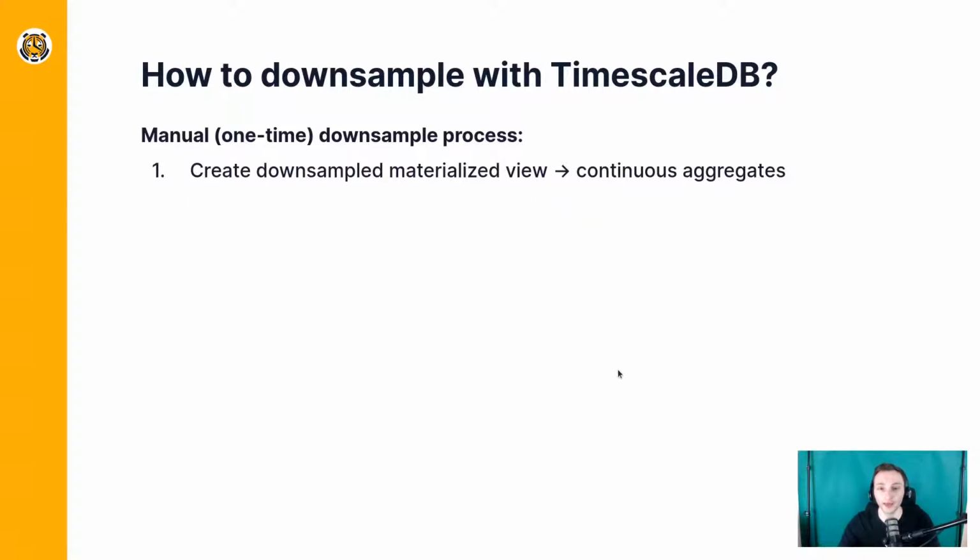So the first step is to create a continuous aggregate. And the second step is to actually delete the older data. With TimescaleDB, you can use the drop chunk function, which is going to efficiently remove historical data or any data that you want to delete. We will have links in the description for both continuous aggregates and drop chunks and other functions.